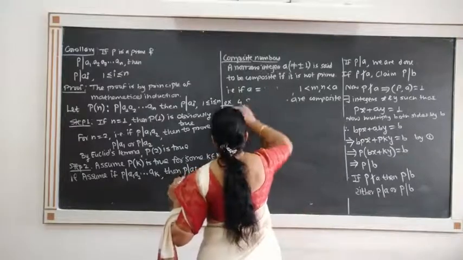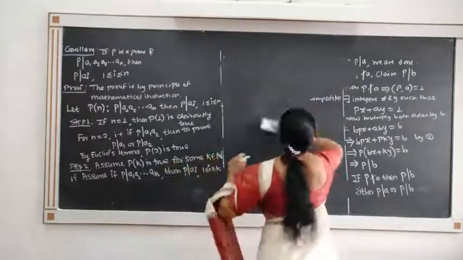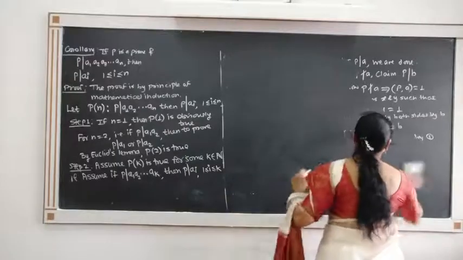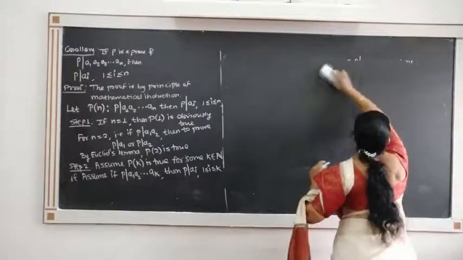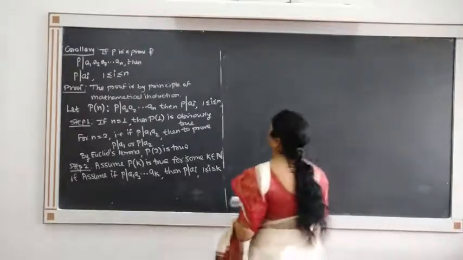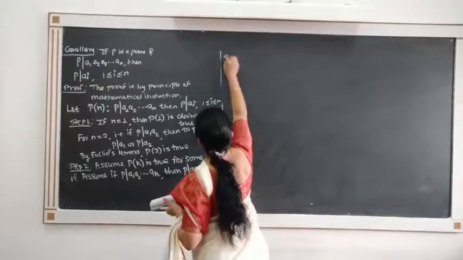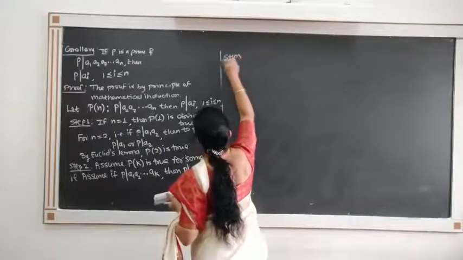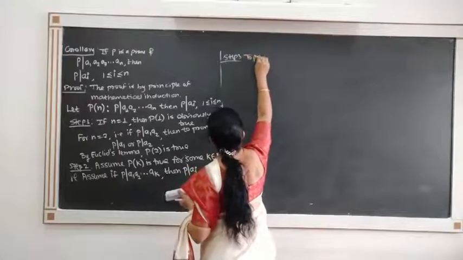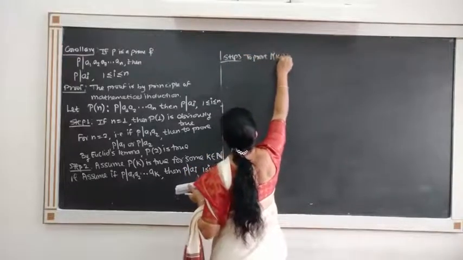Now we want to prove that Pk plus 1 is true. So, step 3, to prove Pk plus 1 is true.